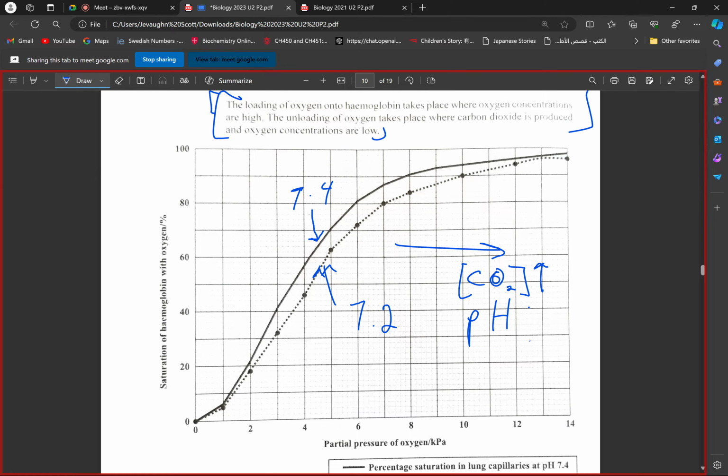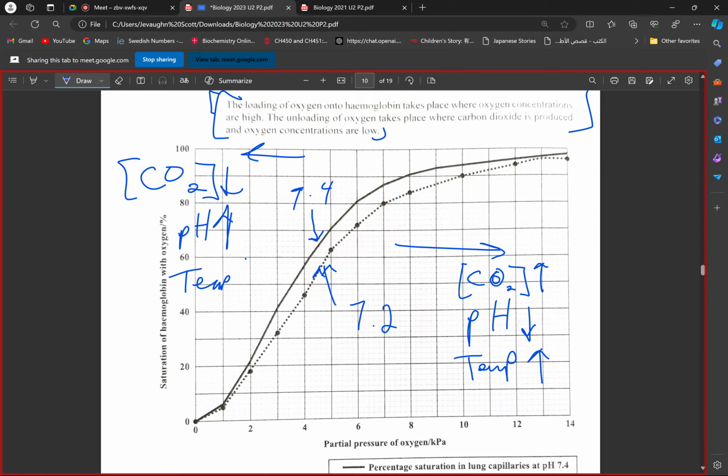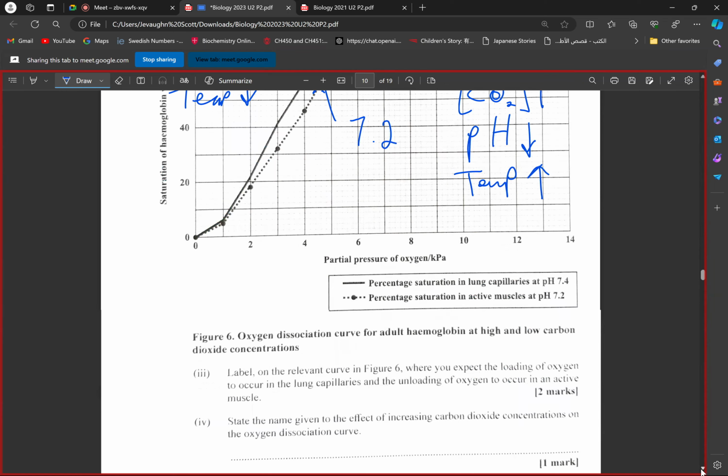It would decrease. What would happen to temperature? It would increase. Why? Because the metabolic reactions create heat as a byproduct. Okay. And all of them are flipped if we shift to the left, right? Okay. Lovely. The Bohr effect explained. Let's move on with our lives.